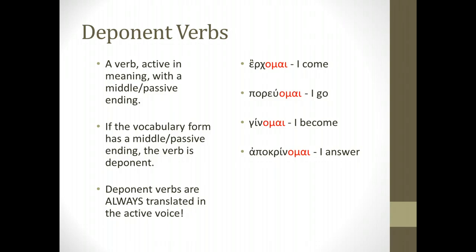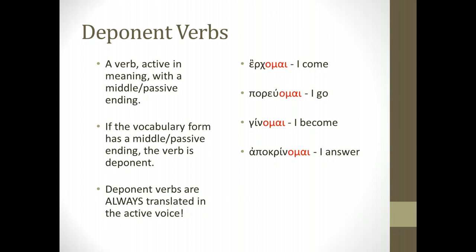These verbs, when you learn them from your vocabulary list and your vocabulary card, and you learn them with an "oh my" ending, that is your clue that this is a deponent verb and that they will never ever take active voice endings. They will always take middle passive, but you will always translate them as deponent, that is active.